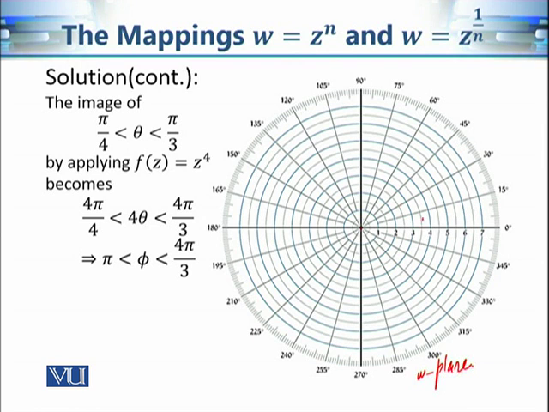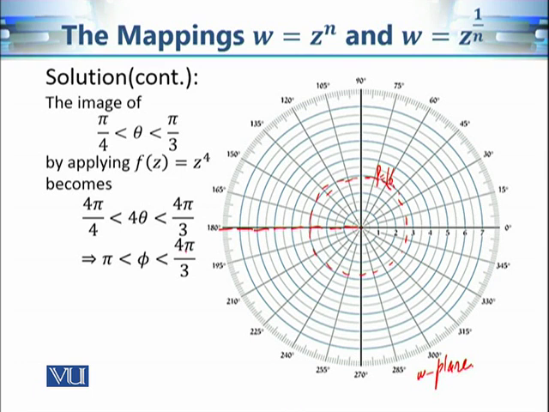Okay, so we observe that the elements should be outside this circle of radius 16, and phi lies between pi and 4 pi by 3. And note that this is a strict inequality, so that's why phi is not equal to pi and phi is not equal to 4 pi by 3. Okay, so in other words, these rays are dashed and not included in the image.